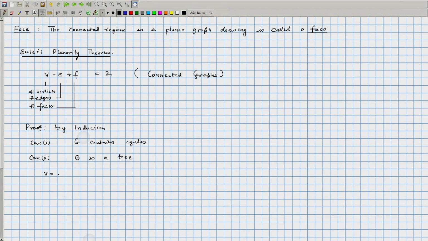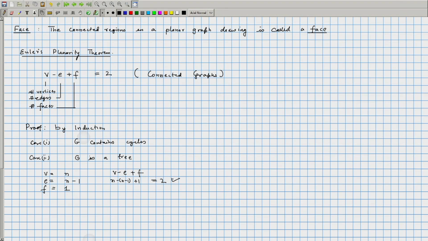V will be the number of vertices, call it n, E will be n minus 1, and F will be 1. So, V minus E plus F will be n minus (n minus 1) plus 1, and that is going to be equal to 2. That is the easy case.